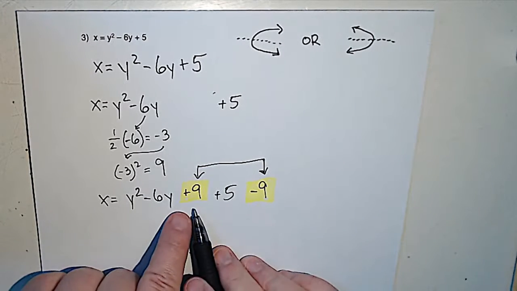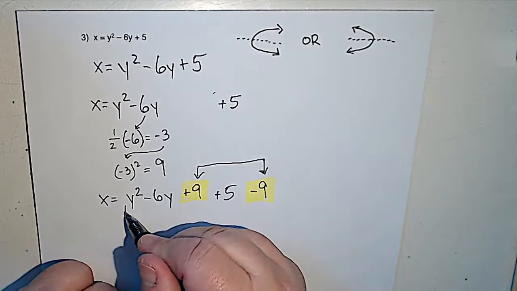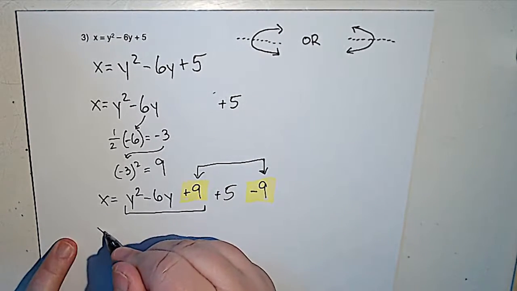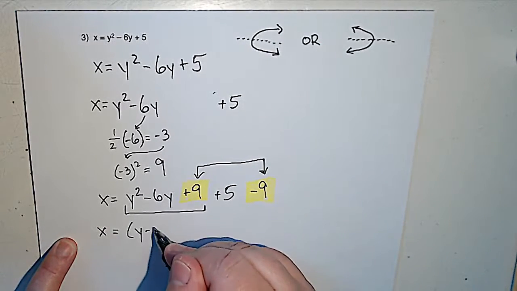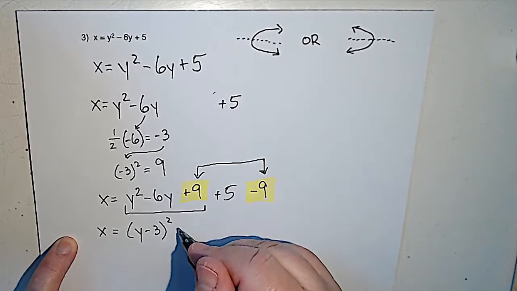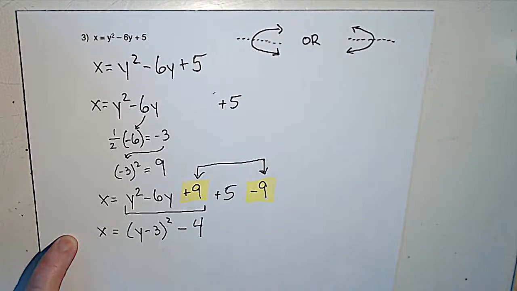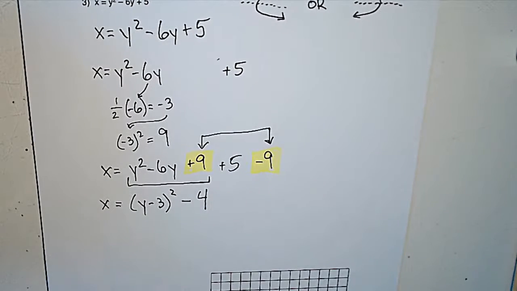I'm just adding a 9 here and subtracting it over there. And this will allow me to see that that's a perfect square. So I've got y minus 3, the quantity squared, and then these two, plus 5 minus 9, is -4.